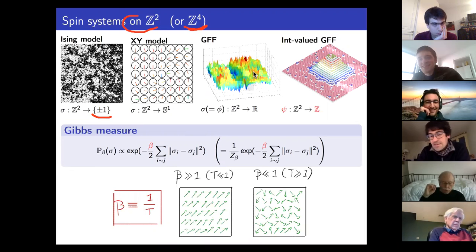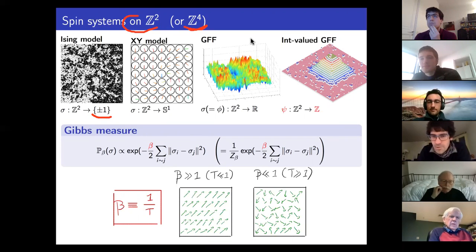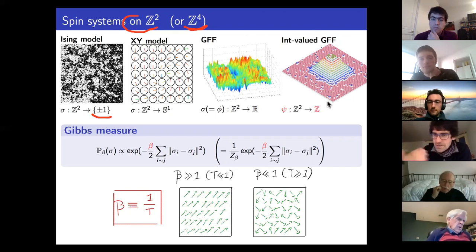It depends on the way one looks at it, but in this setting, it's the simplest of all because it's a Gaussian field. And the last character here, which is still a model defined on Z2, is the so-called integer valued Gaussian free field, which is the same as this field, except the spins are conditioned, restricted to take their values in the integers Z.